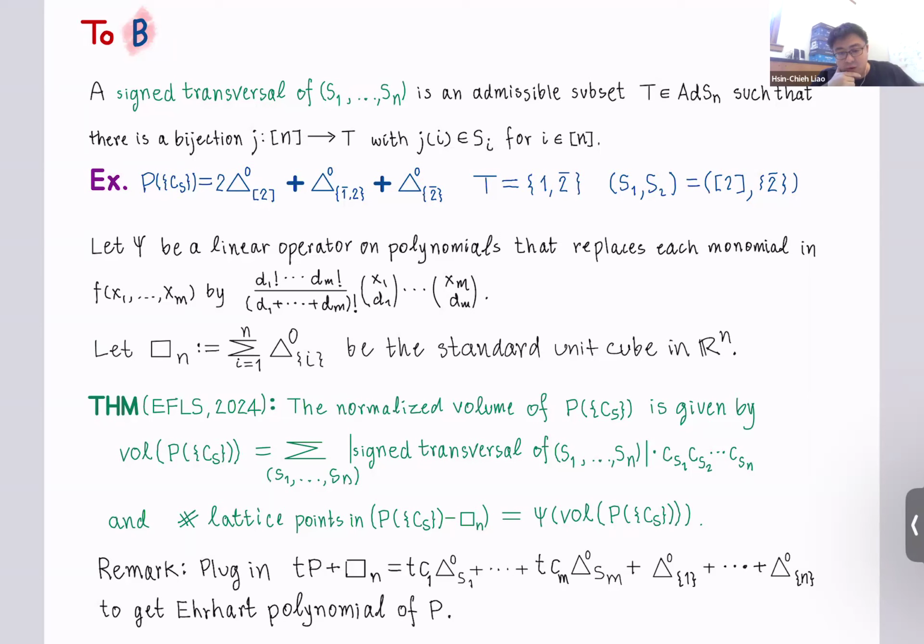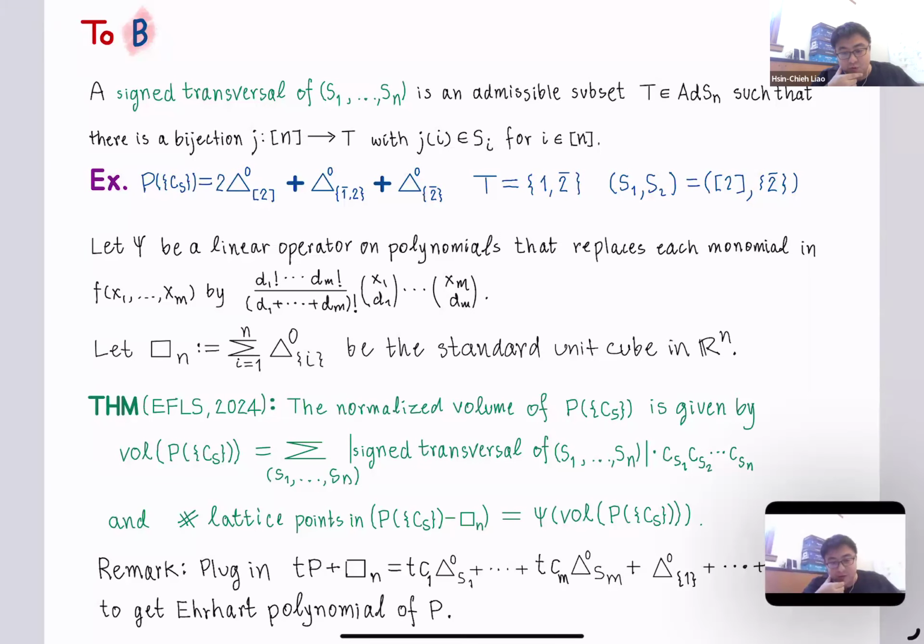And do you have maybe some class of type B generalized permutohedra that you can use to really compute the Ehrhart polynomial, or just to simplify some of the sums you have when you are using this formula?